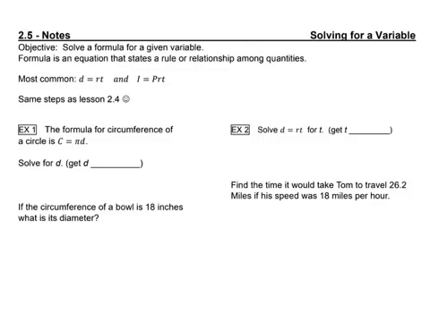Since we're multiplying t by p times r, we could divide by p times r, and p times r divided by p times r is just 1, so that would be 1t on this side, so t would equal I over p times r, because we've got to do that to both sides.